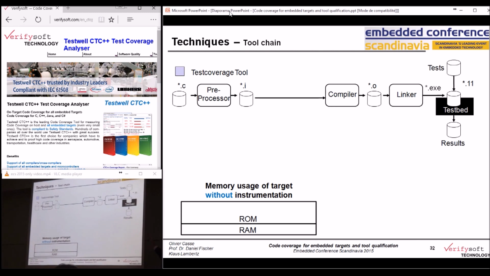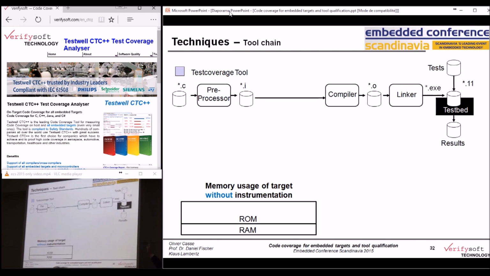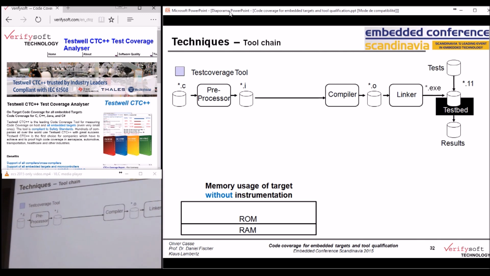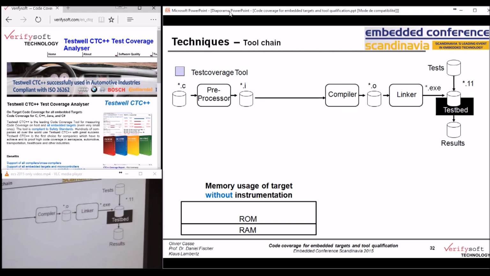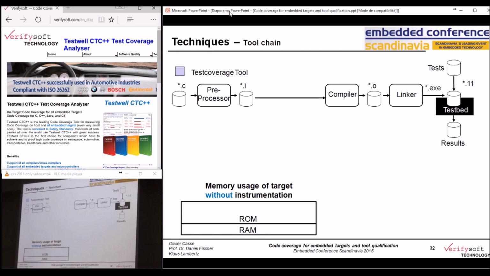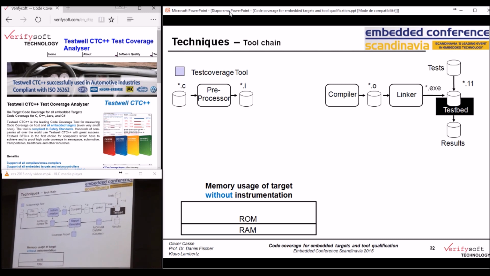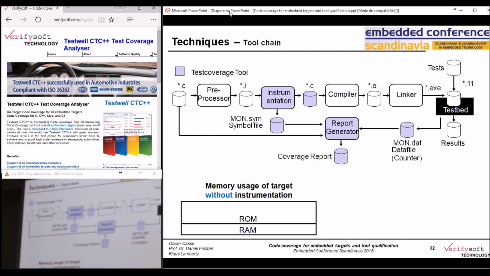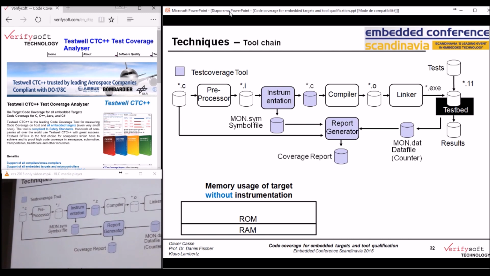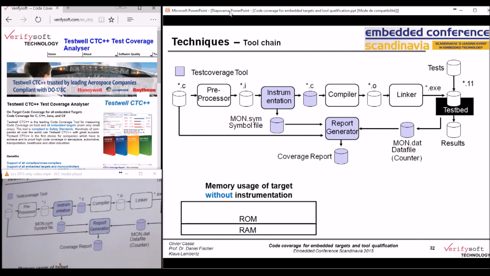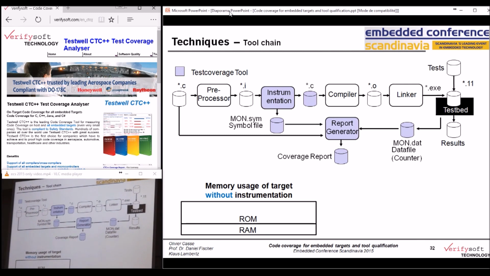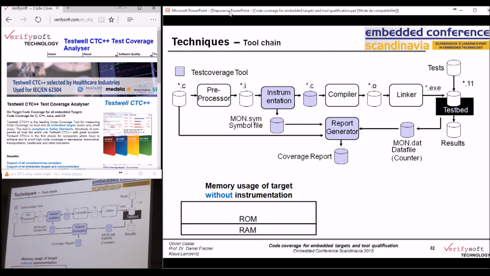So this is just the classical process to get a binary, an executable on a target, from C and other source files, compiler, linker. I think there is no surprise, and you need to have some amount of ROM or RAM used. Here we introduce the instrumentation phase, where we get at first a symbolic file, mandansim, which is all the possible path condition values for the software.